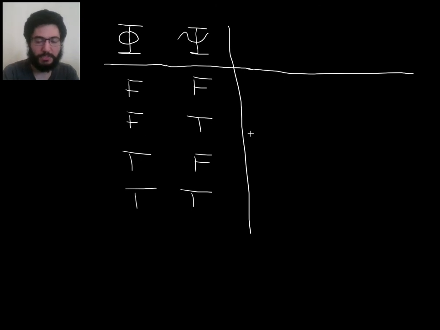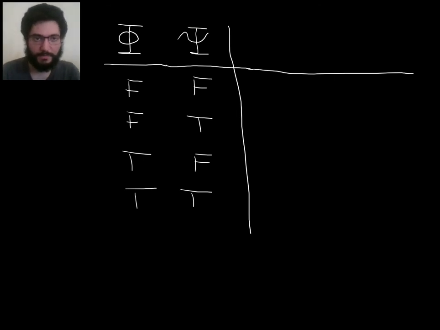And what I'm about to show you is called a truth table. So you can use this list and make up the rows of a table, and then fill in the rows of a table with various bits of information.